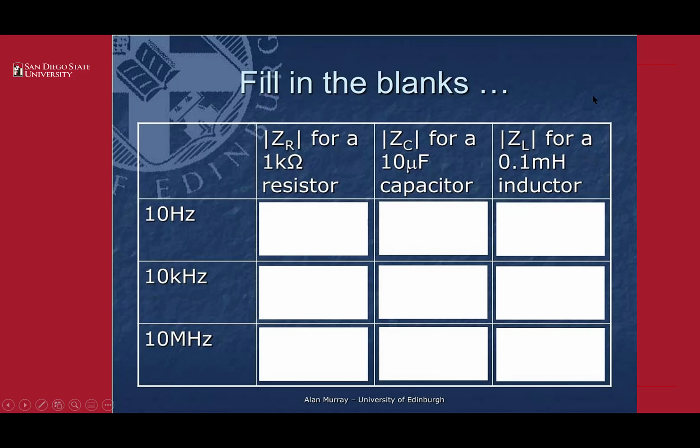I suggest you stop the video here and find your answers, and for comparison or result checking you can use an online calculator found on Google, and you can try other combinations as well. There are plenty of them online.